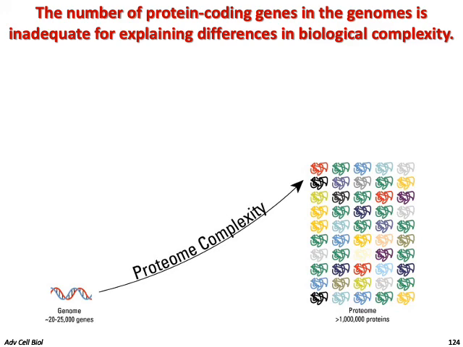So why is post-translational modification important? In other words, how is there protein complexity, or proteome complexity? Keep in mind that the number of protein-coding genes in the genome is inadequate for explaining the differences in biological complexity.